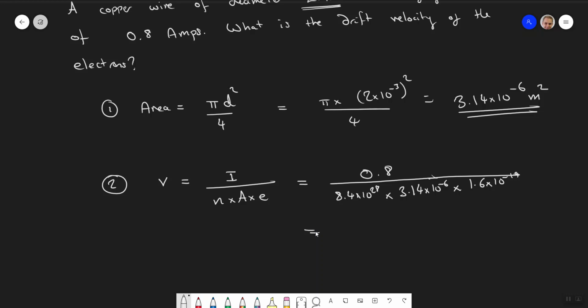Putting that in, I get 18 times 10 to the minus 6 meters per second, or basically 18 micrometers per second.